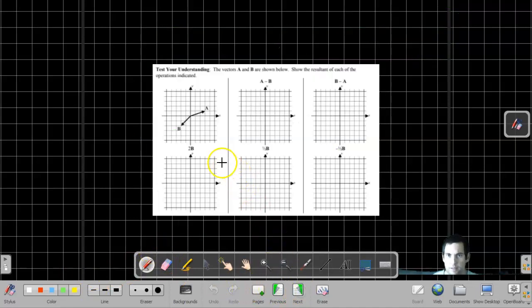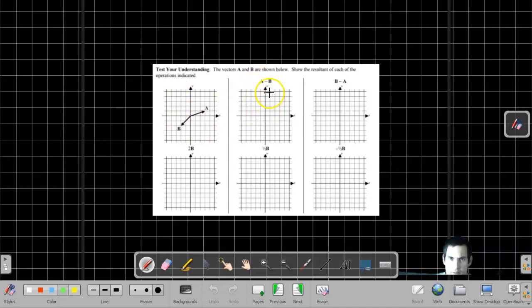All right, next up. Vectors A and B are shown below. Show the resultant of each of the operations indicated. So if we have vector A and vector B, those are the two vectors.